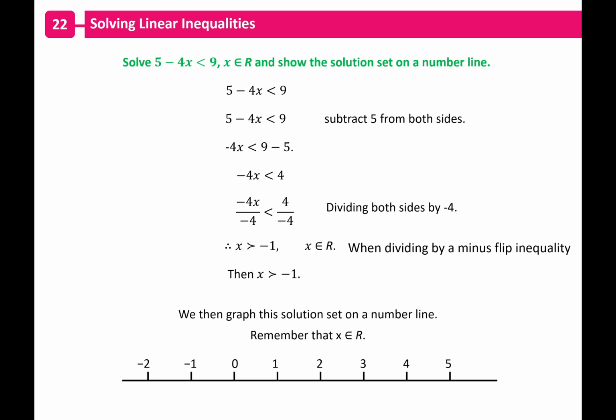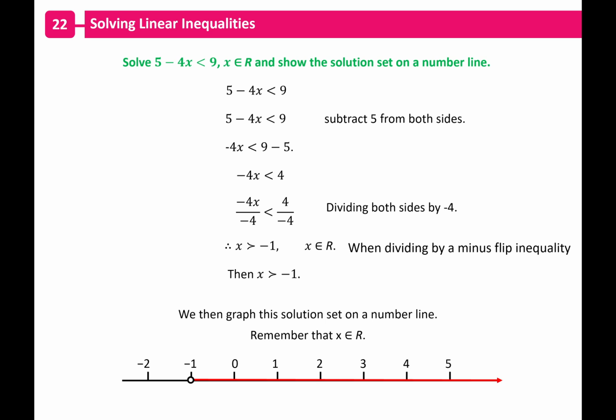Because it is a real number, this includes all of our decimal places. So we draw an arrow from minus 1, showing that x can be any value that is greater than minus 1. Note that your circle at minus 1 is an open circle because x is greater than minus 1, but it's not equal to it.